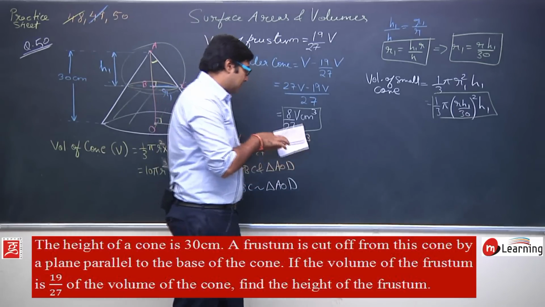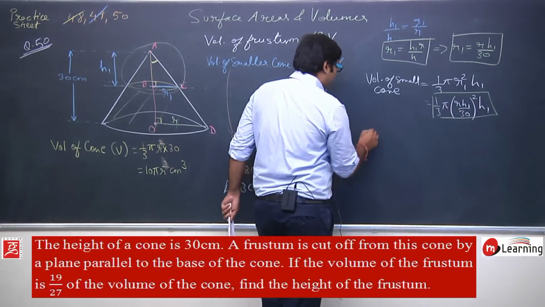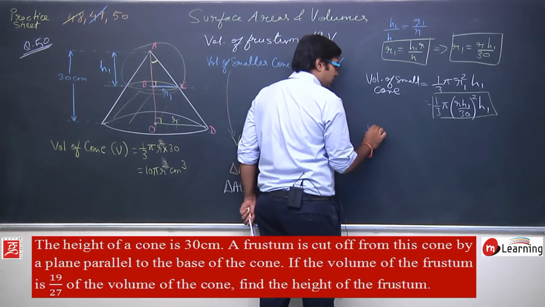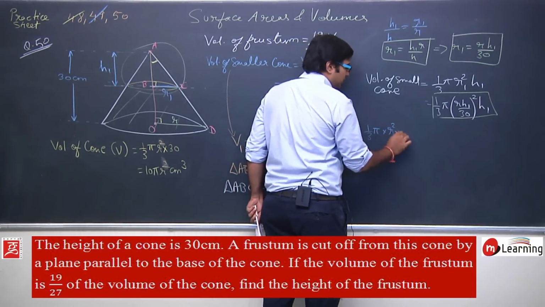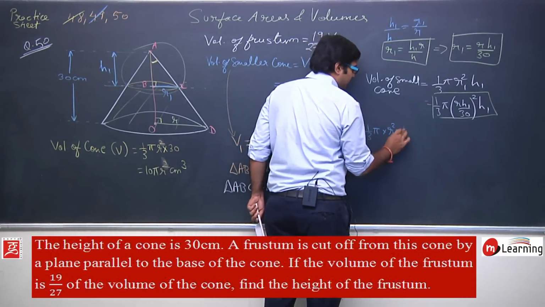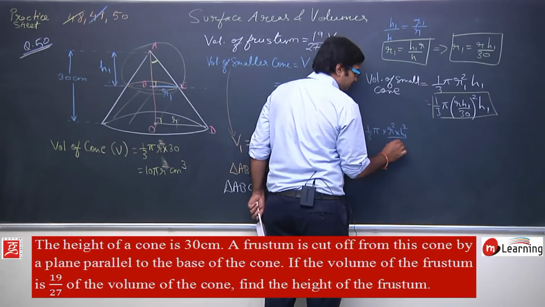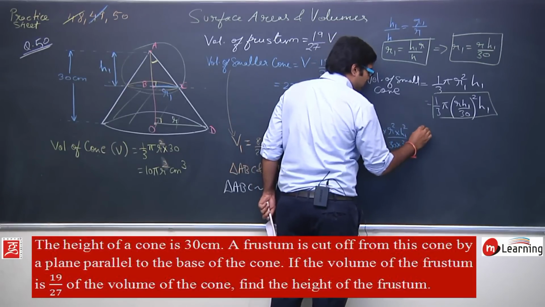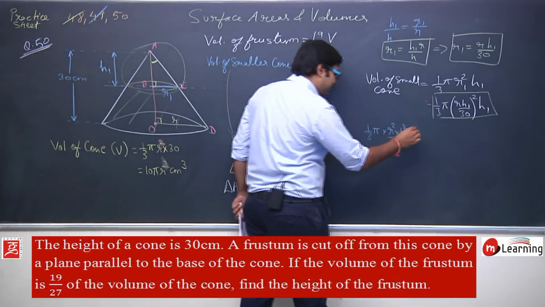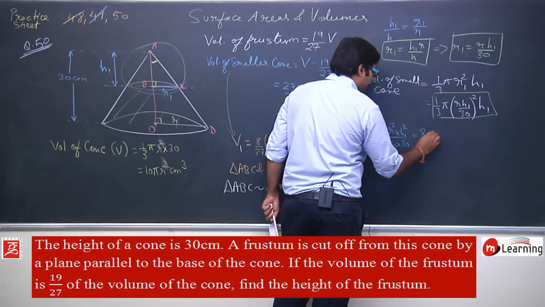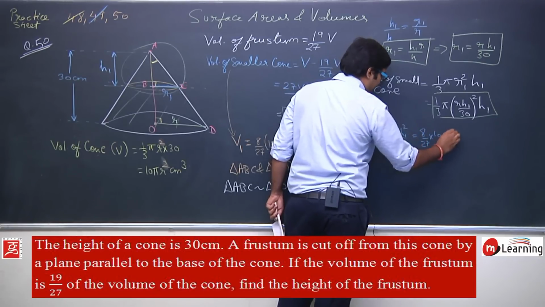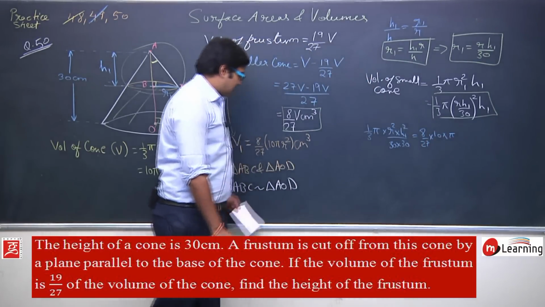What will I get? It will give you 1 upon 3 pi into R square into H1 square upon 30 into 30 is equal to 8 upon 27 into 10 into pi into R square.